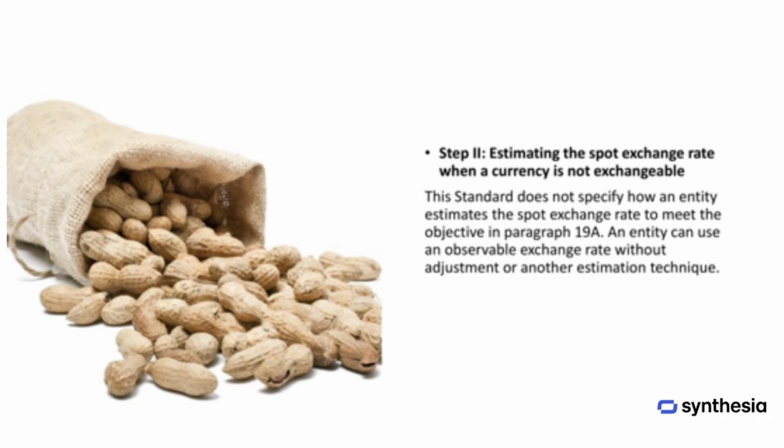That means using a rate that is already available in the market, as long as it's reliable and reflects an actual exchange scenario. Alternatively, the entity may use another estimation technique. This could involve more complex methods, especially in situations where no market rate is directly available. The key is that whichever method the entity chooses, it must ensure that the result is reasonable and meets the objective of fairly reflecting the exchange rate at the measurement date.